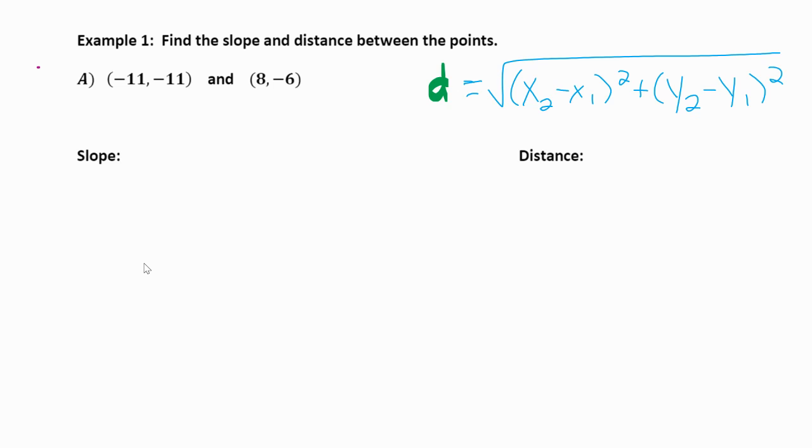Okay, so if I look at my points, I can call these x1, y1, x2, y2, and then to find the distance, or the length, between the two endpoints of that segment, I'm going to substitute those values in. Keep in mind the subtraction is actually part of the formula.